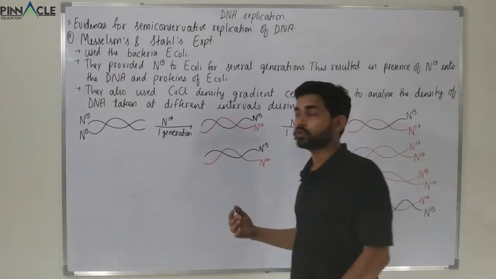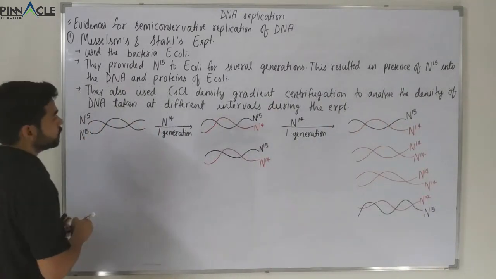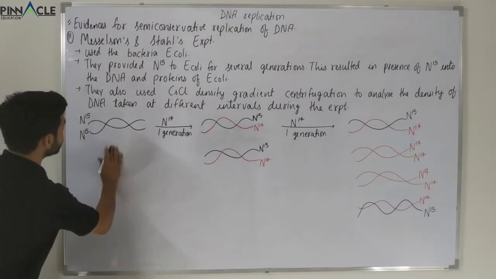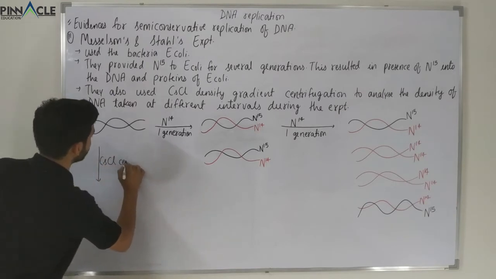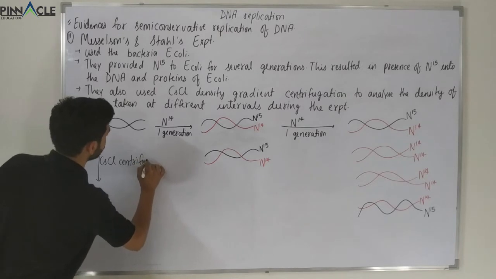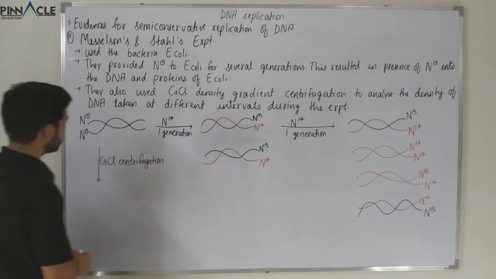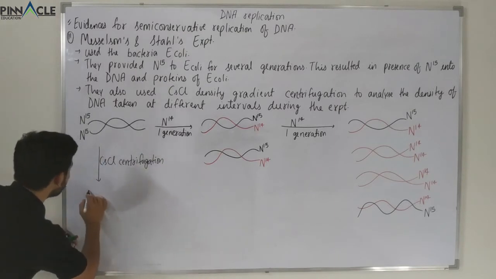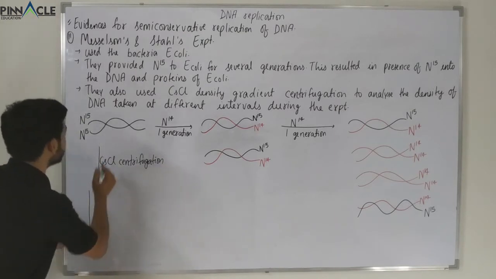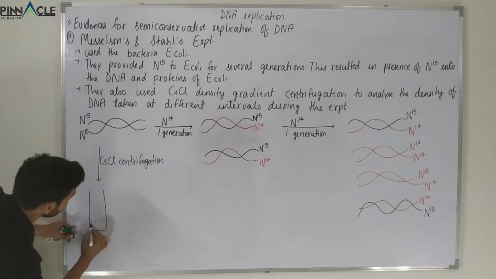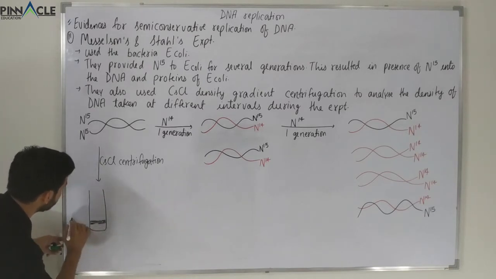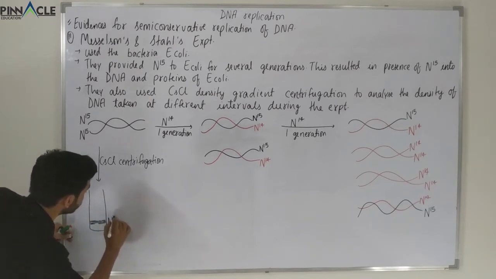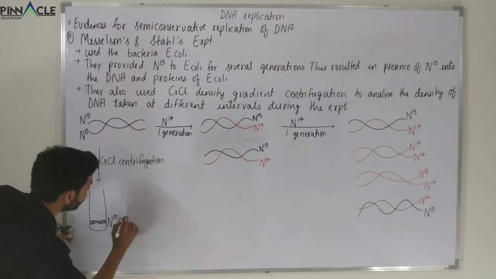How did scientists come to the conclusion? They came to the conclusion through density gradient centrifugation. So in this case, if they did CsCl centrifugation, then in the test tube, this was present at the lowest, that is, it was present over here in this region, that is, this is the N15 level, when both the strands were N15.